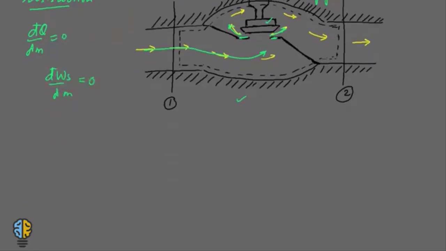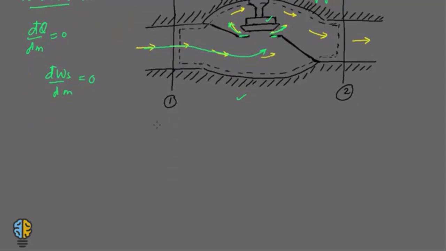Now, having said this, if you apply the SFEE, and before that, assuming that the elevation levels are almost same, so the change in the potential energy is also small and thus ignored, the SFEE reduces to nothing but this, which is almost same as the SFEE for a nozzle or a diffuser, isn't it?